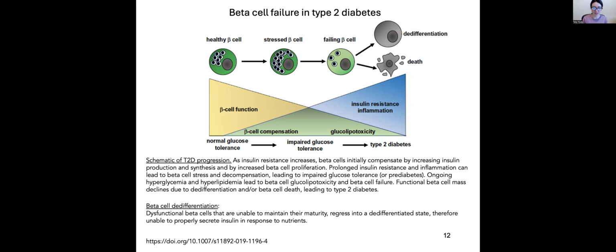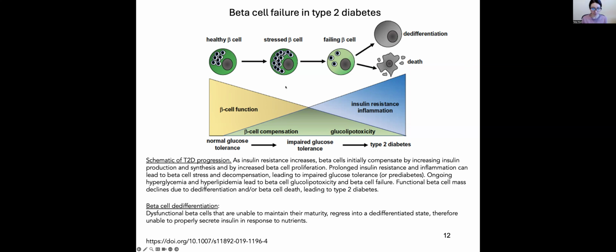As insulin resistance increases, initially the pancreatic beta cell compensates by increasing insulin production and synthesis.